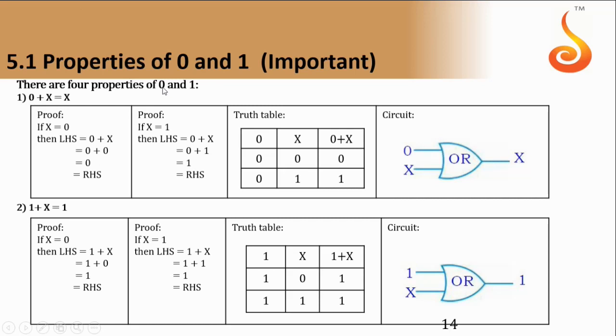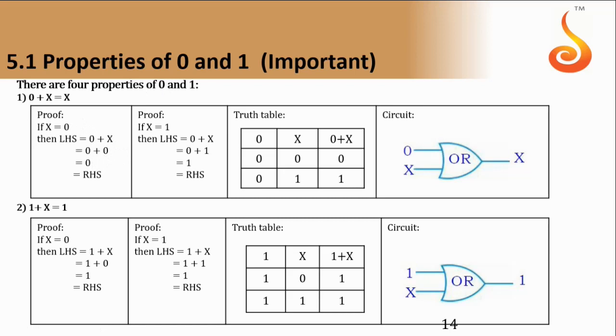First I will take x is equal to 0. LHS is 0 plus x. In the place of x, substitute 0 because x is equal to 0. So 0 plus 0.